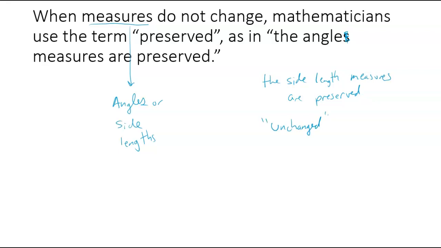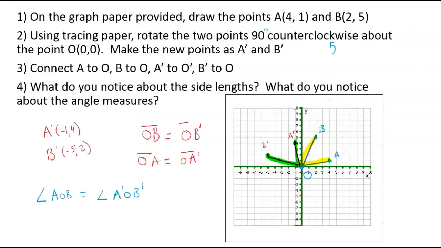Okay, and it's really important to understand that rotation. Now, the other thing that I also want you to start thinking about, and again, you might need to pause the video if you're not done copying this down, is this. Notice that when I rotated the points 90 degrees, 4, 1 switched positions.